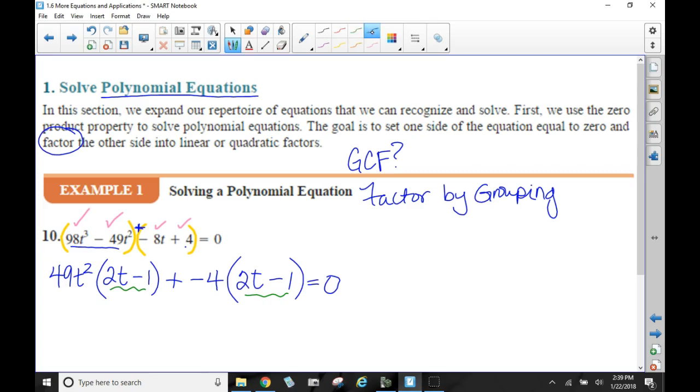So you think about pulling that common factor from these terms way out front. And once that is pulled out front, we are next going to write the leftovers. What's left over is the 49t squared plus a negative 4, which just means minus 4, and bring down that equals 0.